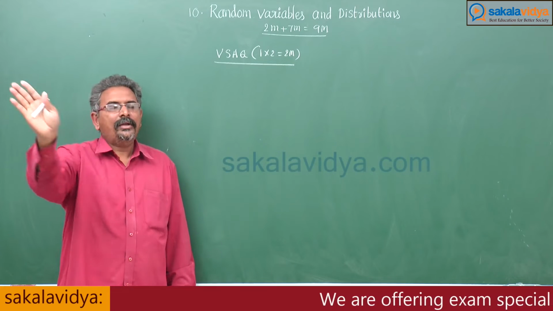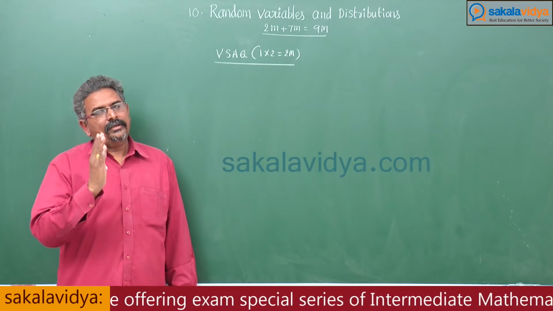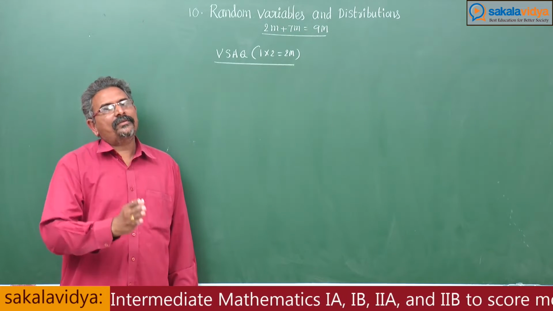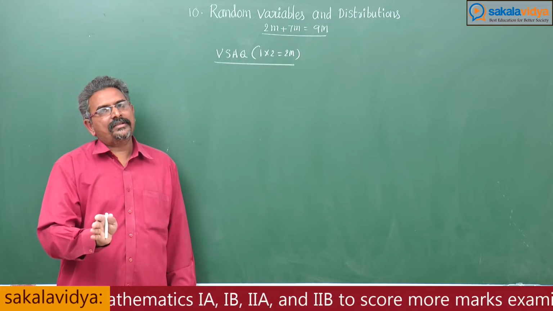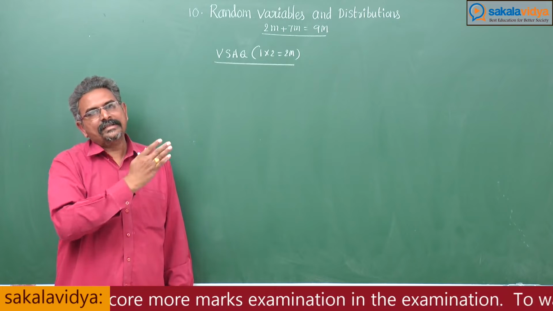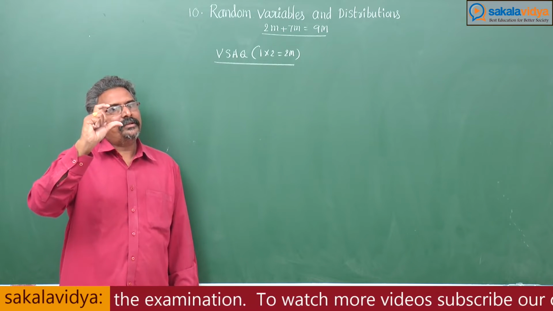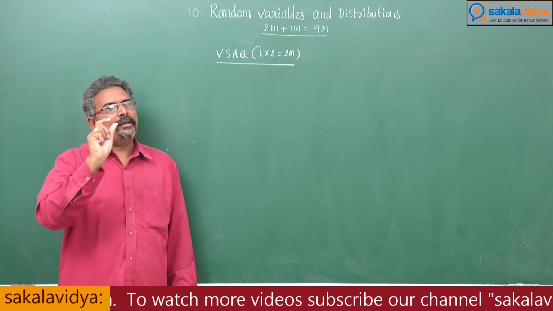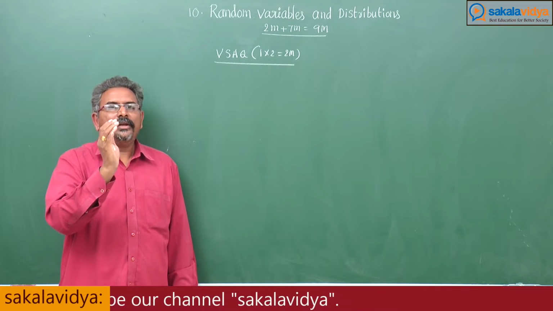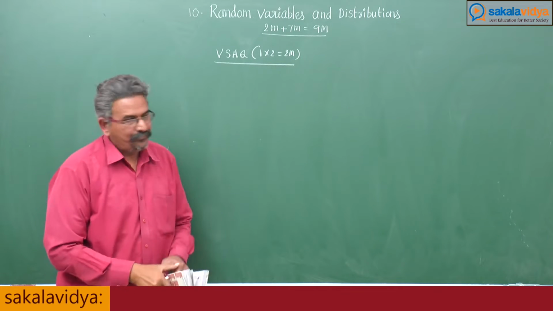So you have to practice more very short answer type questions from your textbook or other references, to get 75 out of 75. For long and short answers, most important questions may appear, but only the numbers will change. So you have to practice more problems by changing the numbers also.